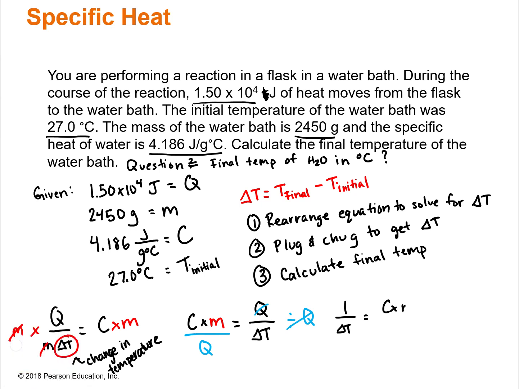Trying to do all the colors so that we keep track here. So 1 over T, that's not quite going to get it. So we need to do the inverse.